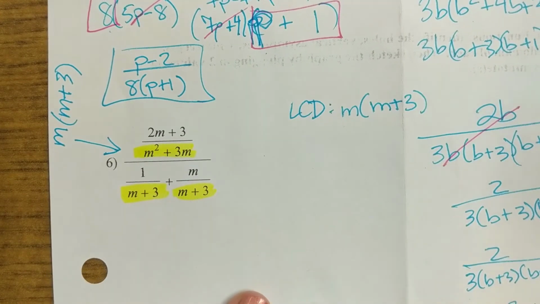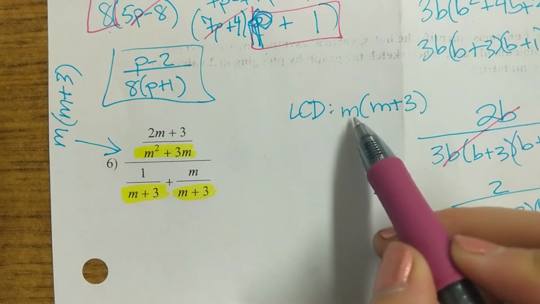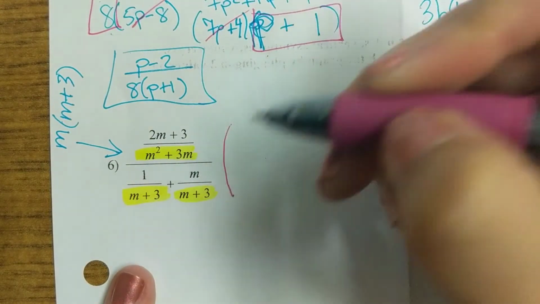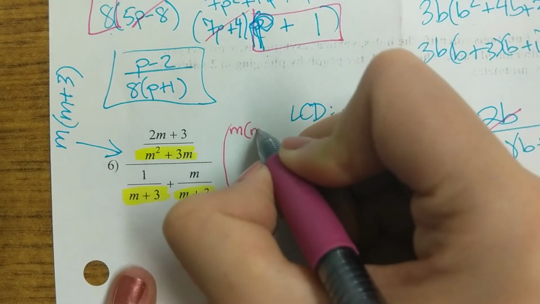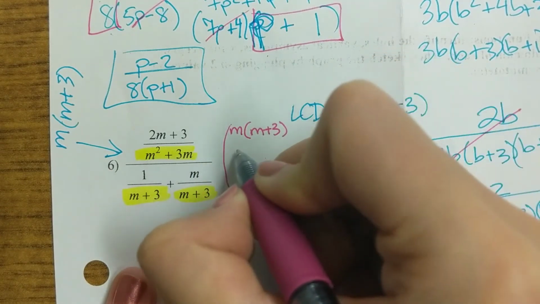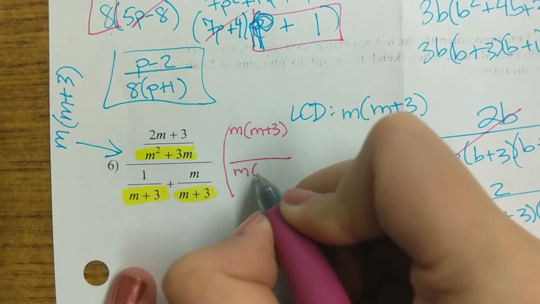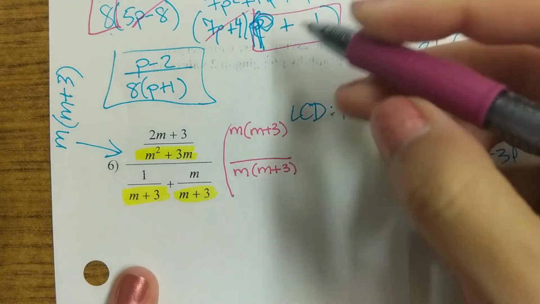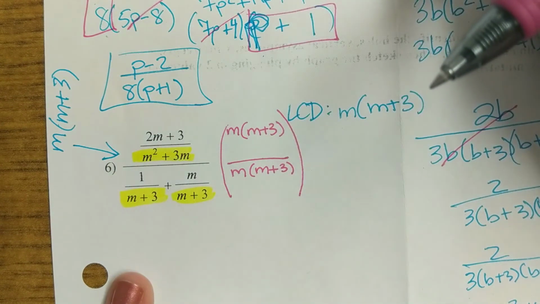Now we need to multiply the numerators of all these fractions by the LCD. So really what I'm doing is multiplying by m times m plus 3 over m times m plus 3. This is 1.